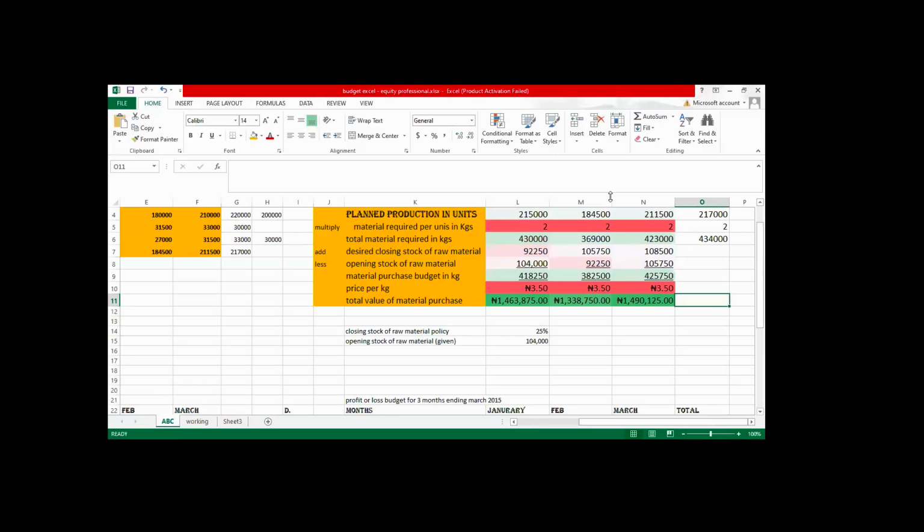But here we're actually using material required. I'm a bit confused. What's the difference between the production requirement and material required? It's just English now. Production requirements, material required for production.